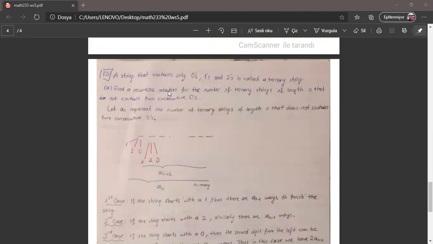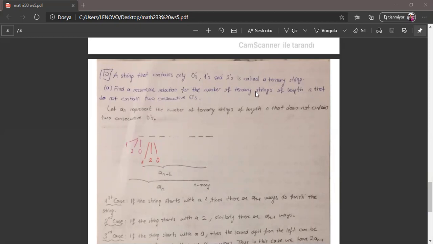And this is the last question. Now we have a string that contains only zeros, ones, and twos, which is called a ternary string. We will find the relation again for the number of such strings of length n that do not contain two consecutive zeros.